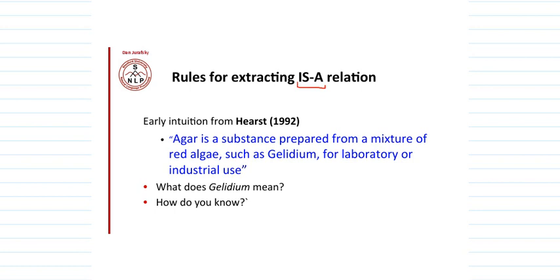So in this is-a relationship, we identify that Gelidium is a named entity. Then you can ask, what does that mean? We see that there is some expression, a phrase or a simple word, preceding or succeeding Gelidium, which is "such as", with the help of which we can identify that Gelidium is a red algae.